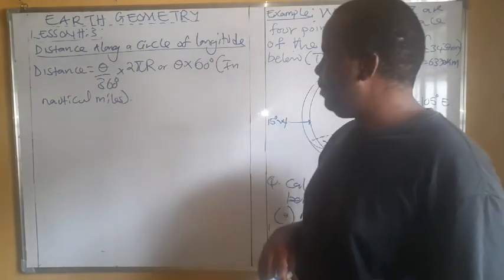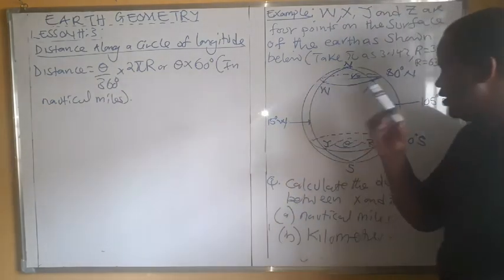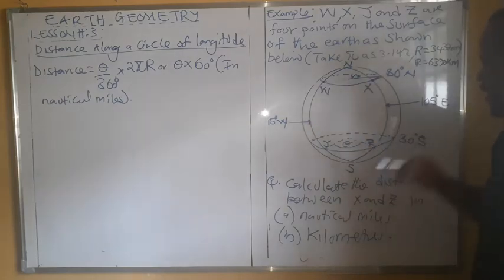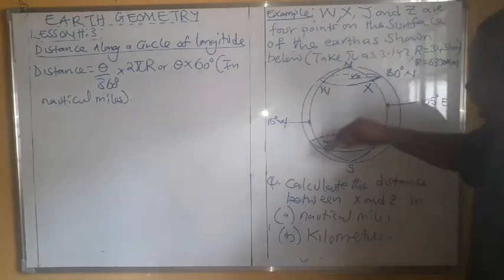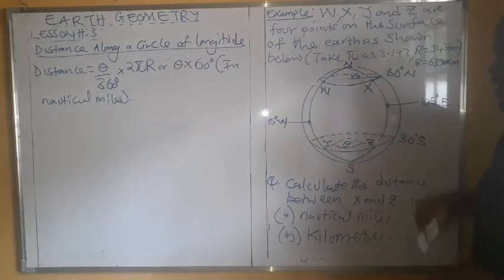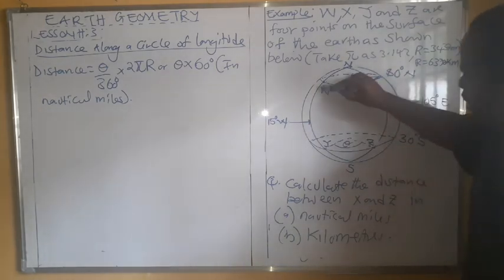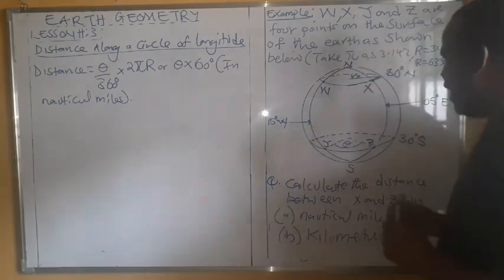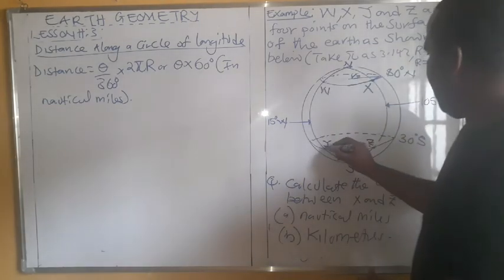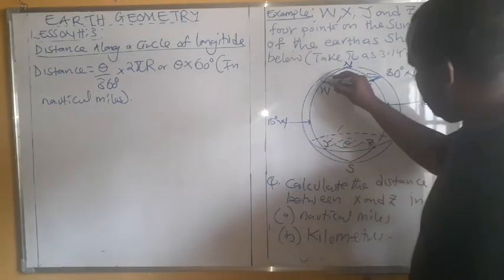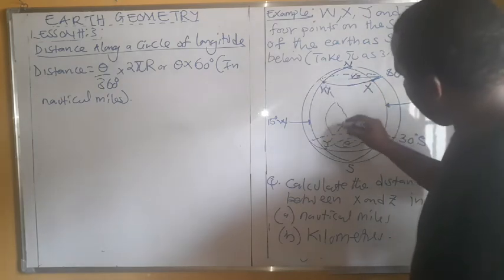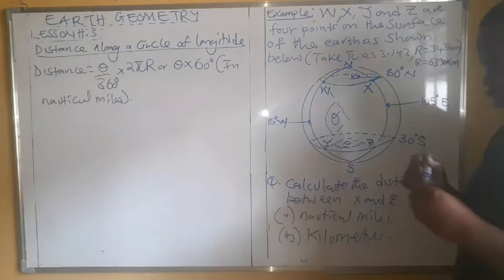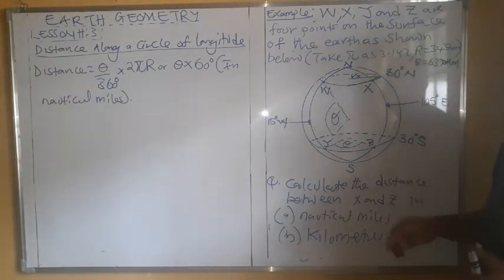Now, in this case, that theta is a difference in latitude between the points. So if I'm dealing with W and Y, then the difference in latitude between W and Y, or what we call the angular difference. So we are looking at an angle somewhere here, which we are calling theta. That's what we are supposed to get.